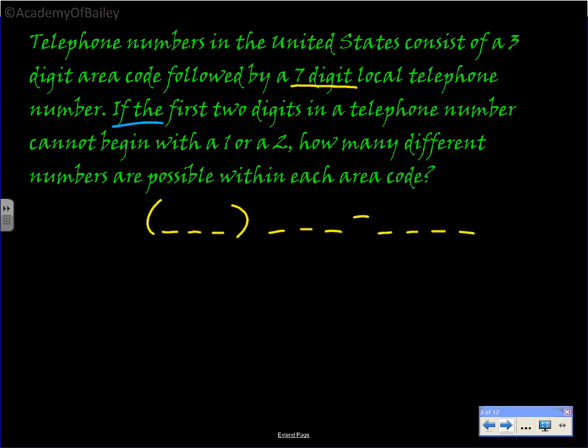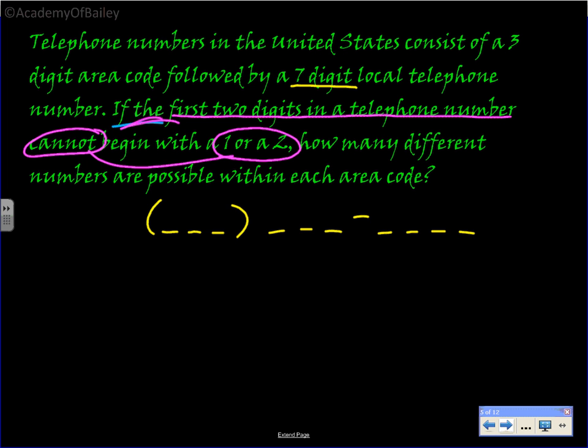Let's read through. It says if the first 2 digits in a telephone number cannot begin with a 1 or 2. Now, when it says the first 2 digits in a telephone number, what's the telephone number? Well, if we look, this is the area code, and this is the telephone number.